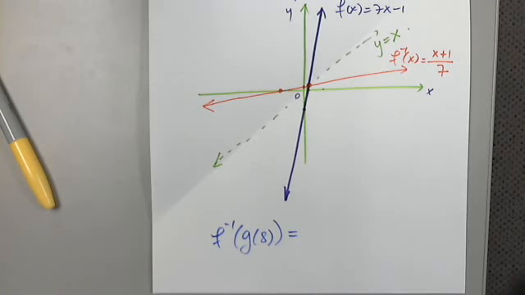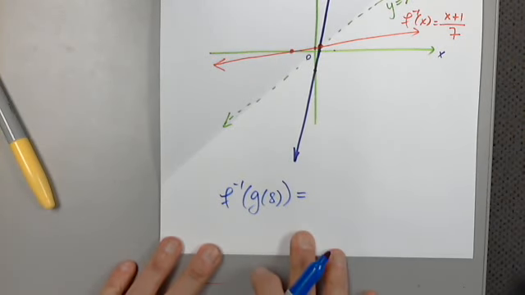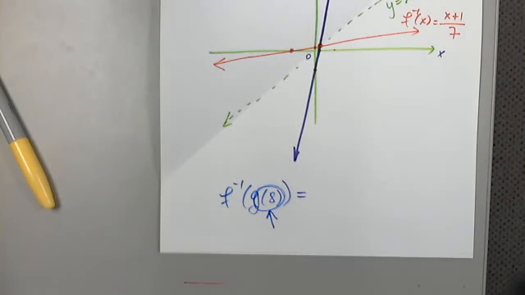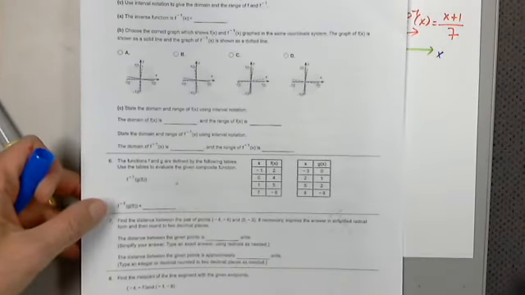So what do I have to find first? What is it? Of course, g of 8. We don't have x. So I have to find g of 8. Can I find g of 8? How much is g of 8?